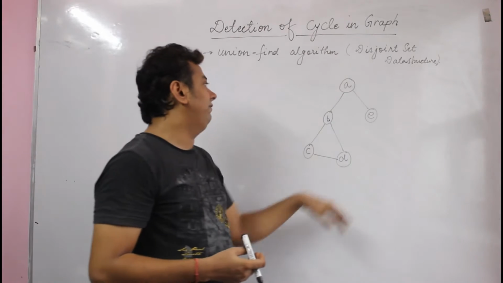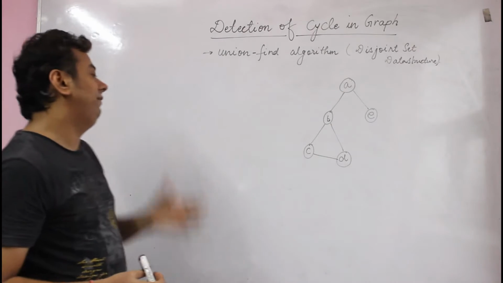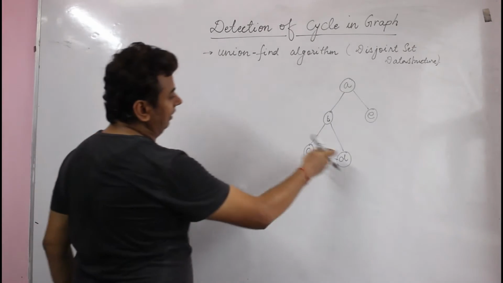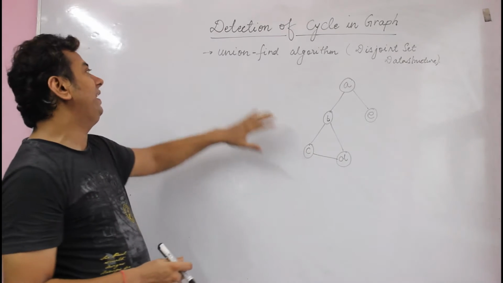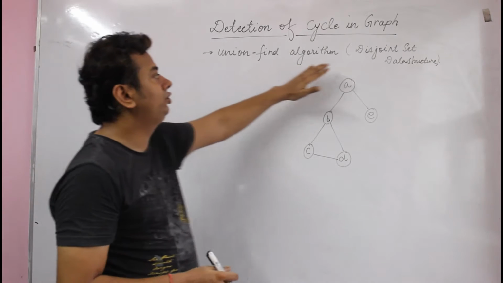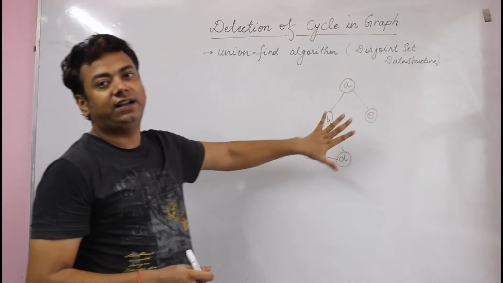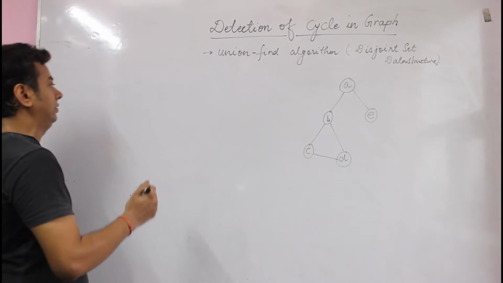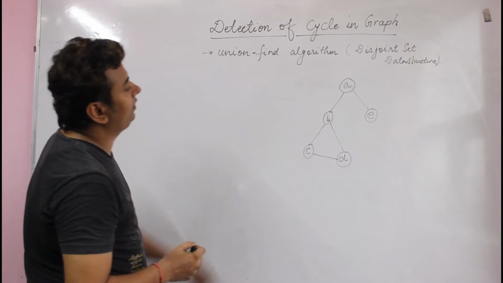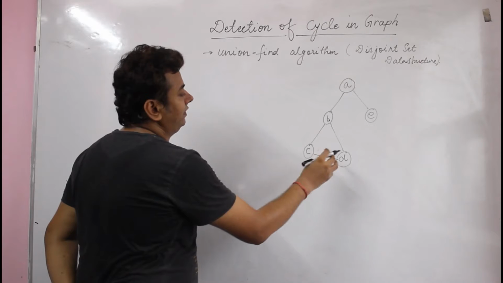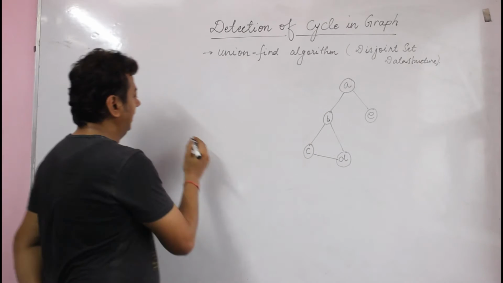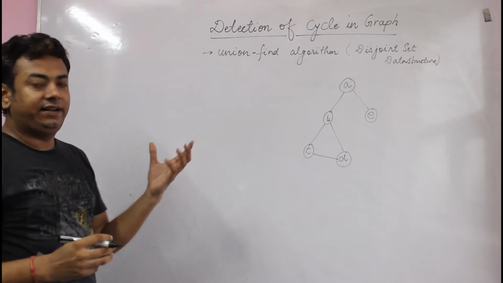So this is our graph. In this graph we have 5 nodes and there is a cycle present. So how can we apply this algorithm to detect the cycle in it? In this algorithm, we always take each of the nodes and make a set.